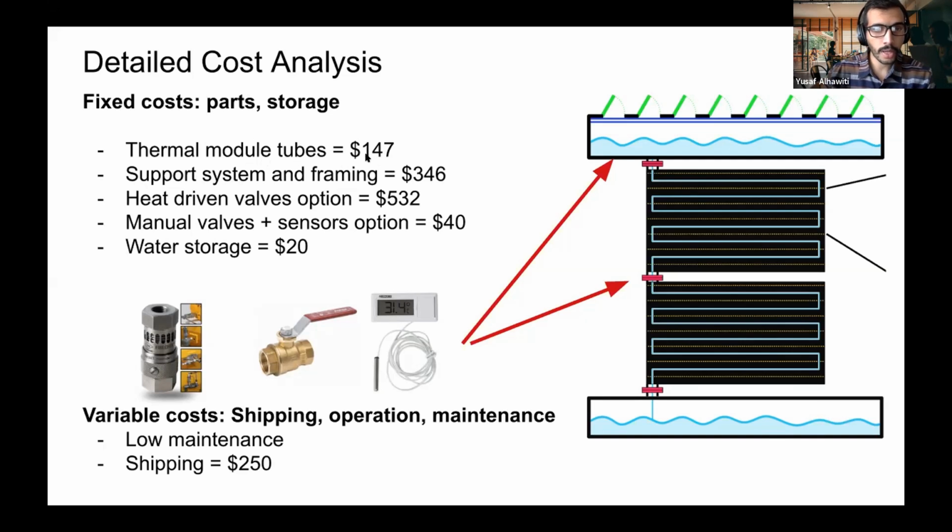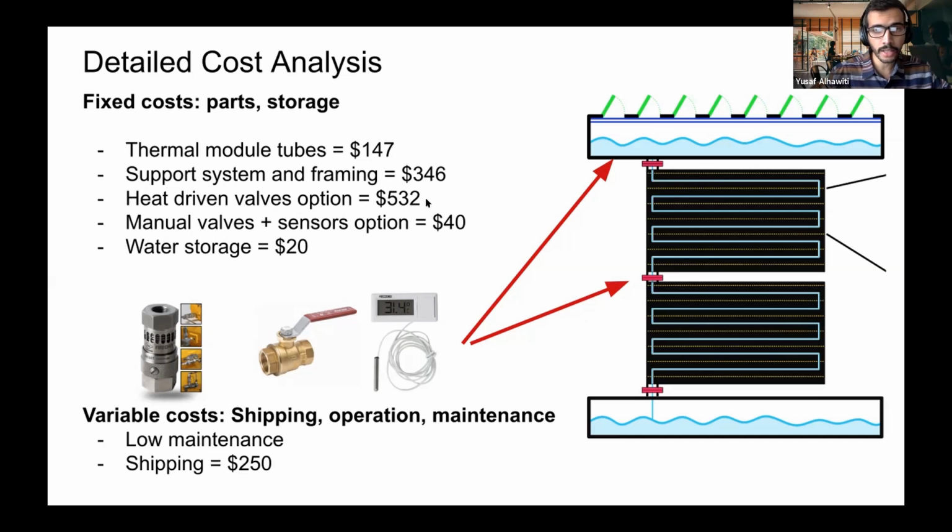And here we have the tubes costing around 147, and we also added a support system and framing itself. This is to handle different weather conditions and add support to the system. And we went about making two versions of the system itself. The first one includes the heat-driven valves.